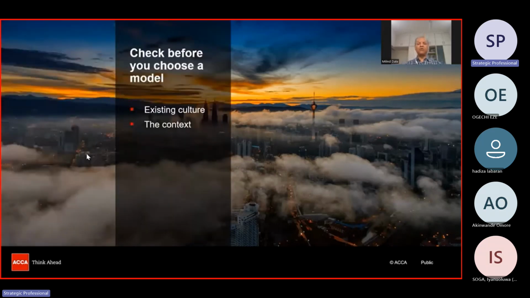So before you choose one or more models of change management in your answers, try and understand the existing culture of your organization. Try and understand the context of the organization. And information related to these can be found from one or many exhibits that are given.